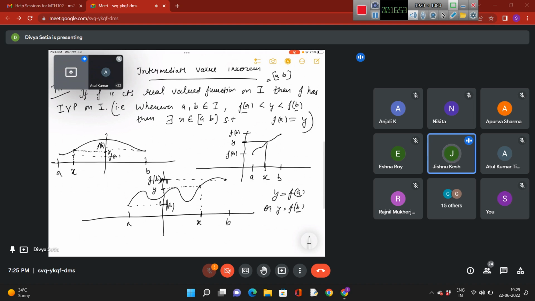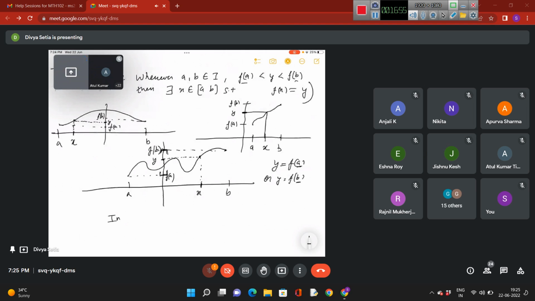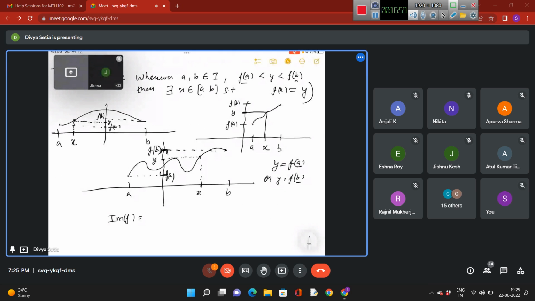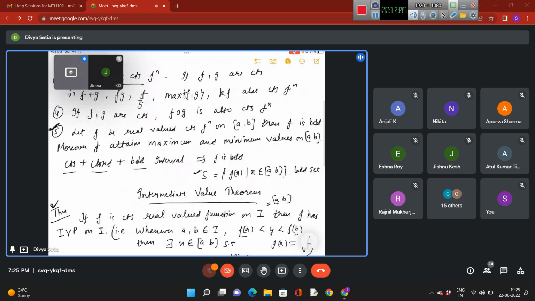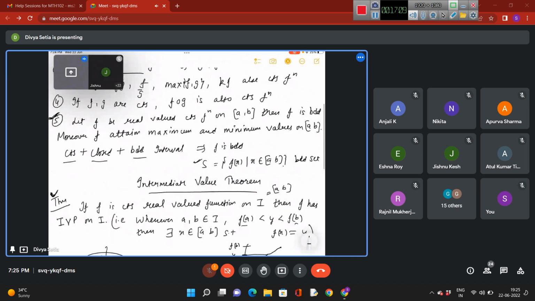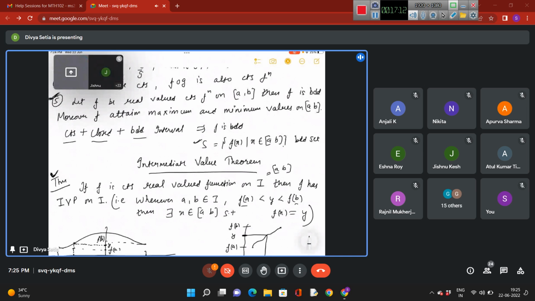Image of this continuous function. Can you repeat? So the question is, after having this theorem fifth and this theorem, joining the statements of these two theorems, what can we conclude? How does the image of a continuous function on a closed and bounded interval look like?